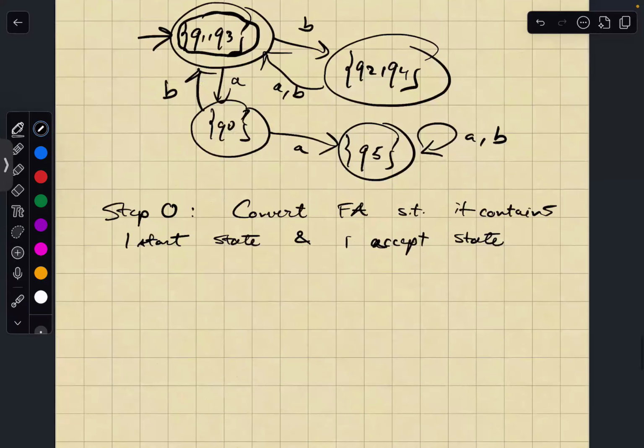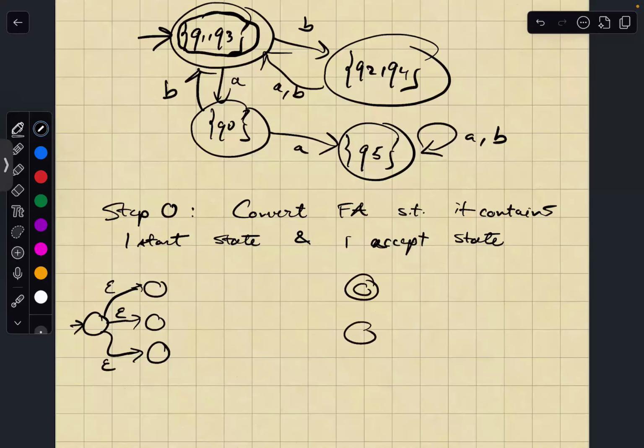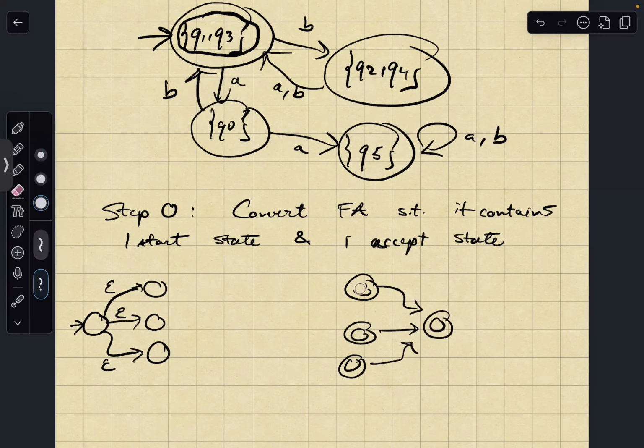So how do you do this? Well, if you had multiple start states, then you just create a single start state and you have epsilon transitions. And if you have multiple accept states, then you make these non-accept states and you create epsilon transitions to a single accept state, right?